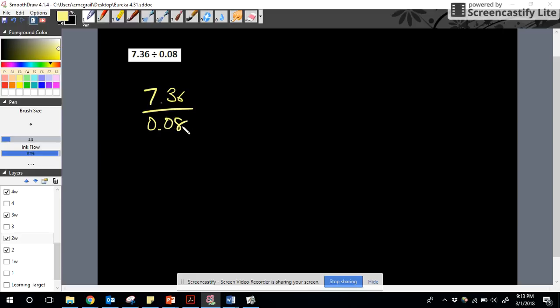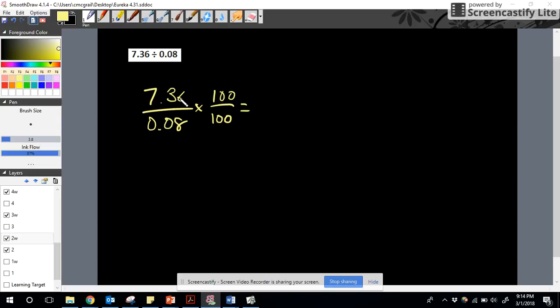My denominator is not in hundredths. Excuse me, my denominator is no longer in tenths. It's actually in hundredths. So I need to move this 8 2 place values in order to get it to move to the ones place. So what I'm going to do is multiply this not by 10, but by 100. 100 100ths will create an equivalent fraction.